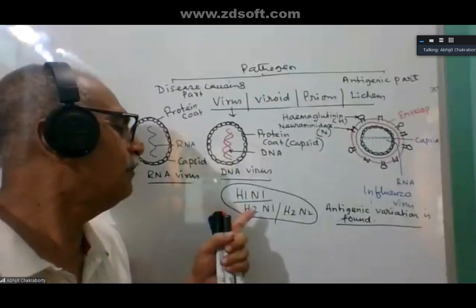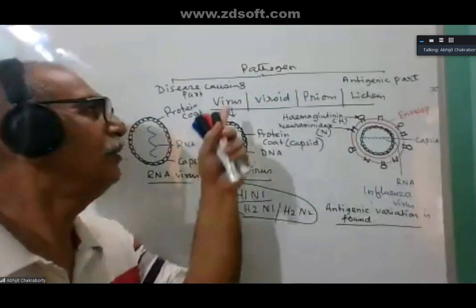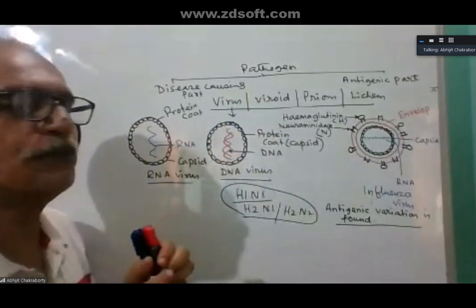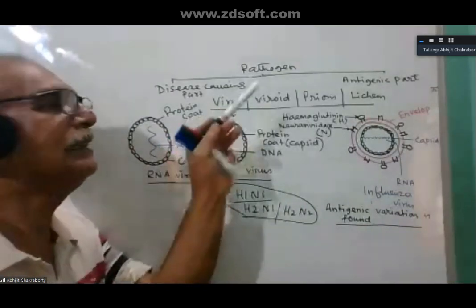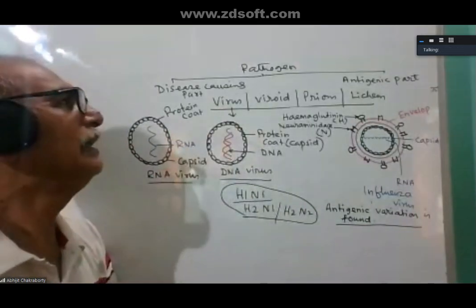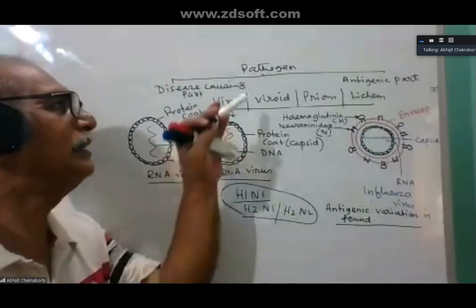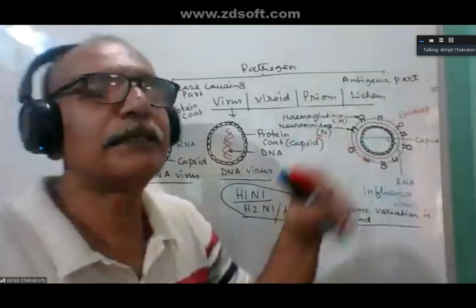So what happens here, suppose in case of polio, whenever a vaccine is prepared, the polio virus itself is taken, and it is treated in such a way that its disease-causing part gets destroyed. Once its disease-causing part is inactivated, the antigenic part remains the same.